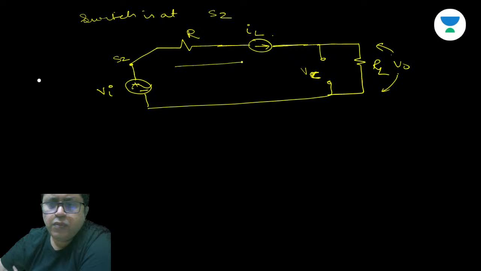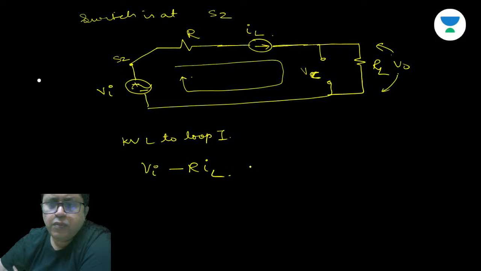Now I will apply KVL to this part of the circuit, KVL to loop 1. So Vi minus R IL minus Vc. This is at the 0 plus circuit.